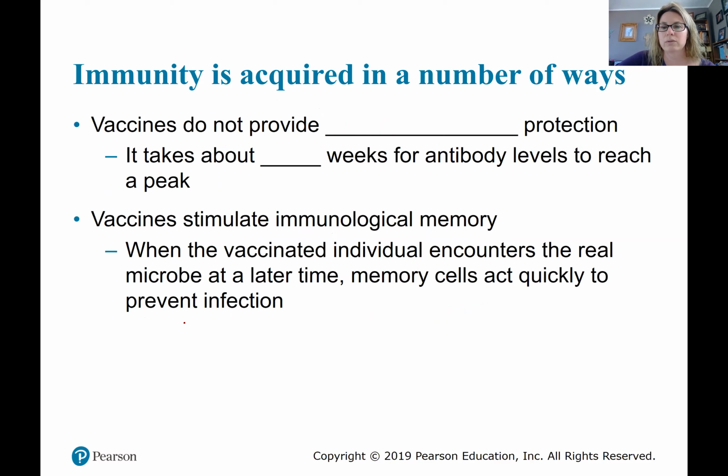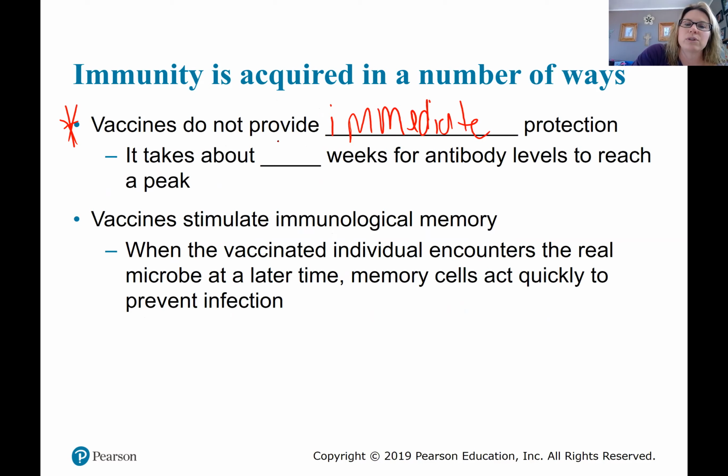One thing to always remember with vaccines is that they do not provide immediate protection. So you go to the clinic, you get your flu shot, and tomorrow your roommate sneezes on your computer or whatever, you touch it, and they had the flu, you'd still get the flu.